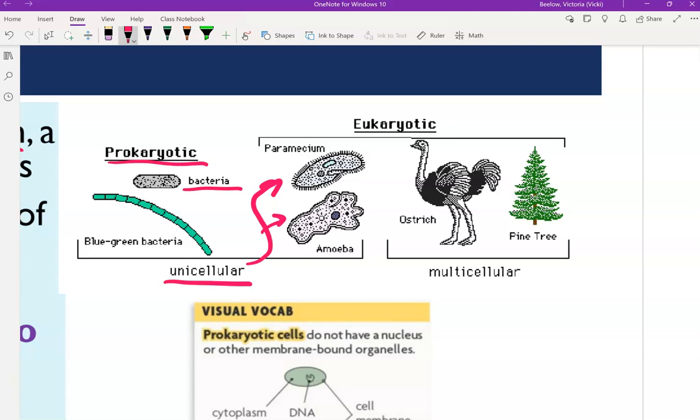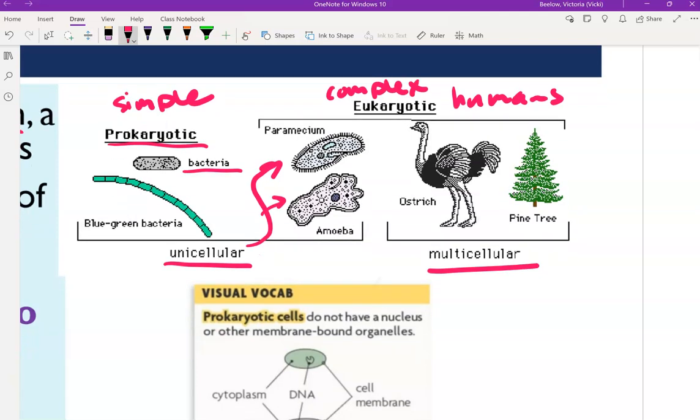Our cells as humans are what you call eukaryotic cells. The difference between prokaryotic and eukaryotic cells is that prokaryotic cells tend to be more simple versus eukaryotic cells are more complex. And so all multicellular organisms are made up of eukaryotic cells. And the only examples of a eukaryotic cell that's unicellular we have are the paramecium and the amoeba.